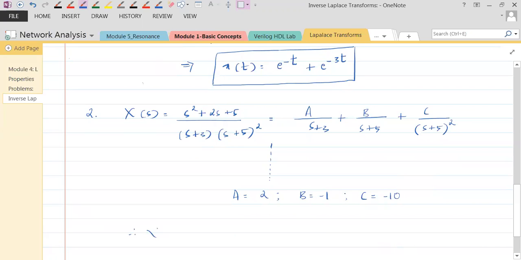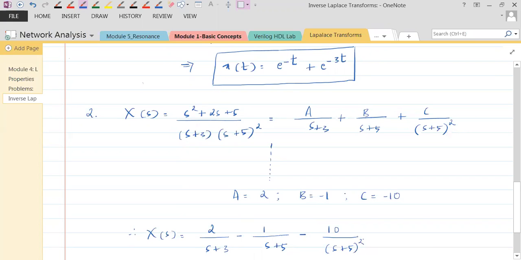Therefore X of s after partial fraction expansion would look like 2 by s plus 3, minus 1 by s plus 5, minus 10 by s plus 5 whole square.